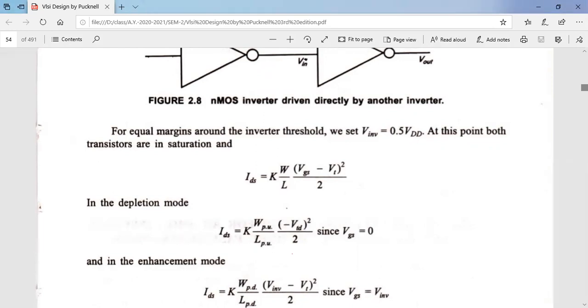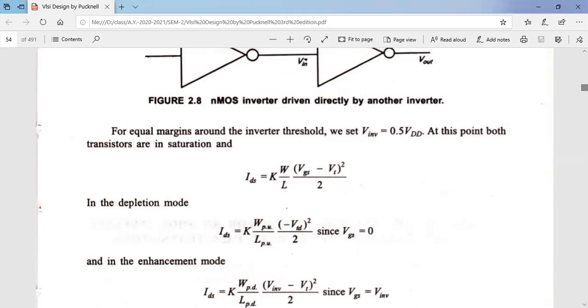This VINV will be at 0.5 times VDD, half of VDD. Generally VDD will be 5 volts and VINV will be 2.5 volts.